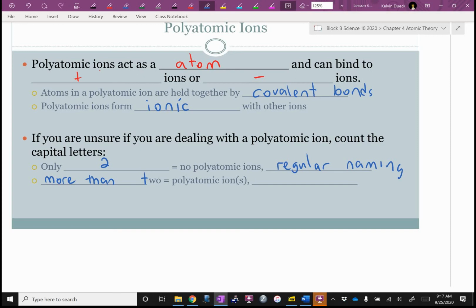And again, the rules change. But thankfully, the rules don't change too difficult. So if you see more than 2 capital letters, you're going to be using the back page of your periodic table.